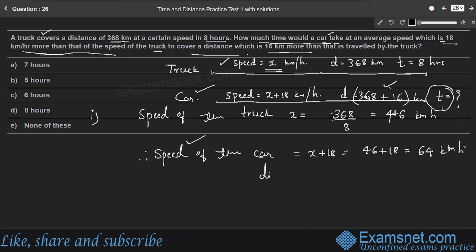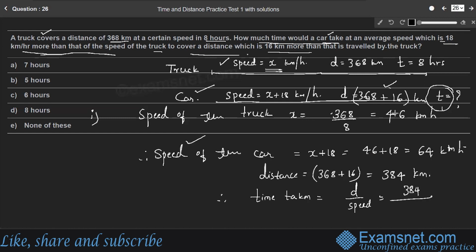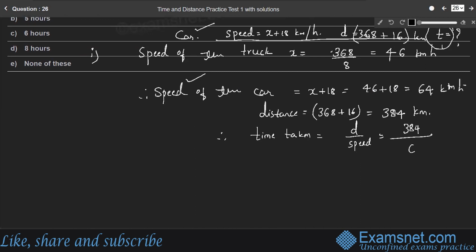The distance to be covered is 368 plus 16, which is 384 kilometers. Therefore, the time taken by the car is equal to distance by speed, so 384 kilometers divided by the speed of 64 kilometers per hour. 8 into 8 is 64, and 48 by 8, 8 into 6 is 48.